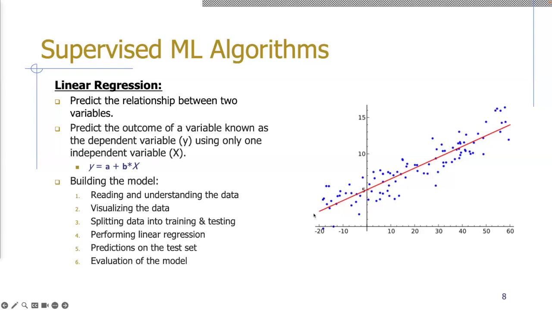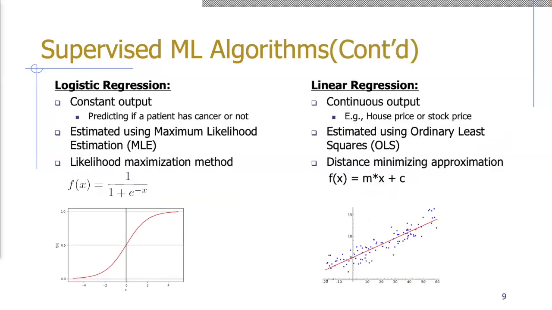We're going to implement this, but I want to mention another method called logistic regression, which gives you a categorical output. It will give you a class to predict, for example, whether a patient has a sickness or not.